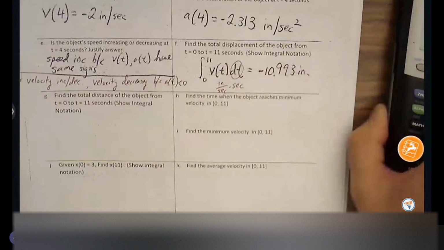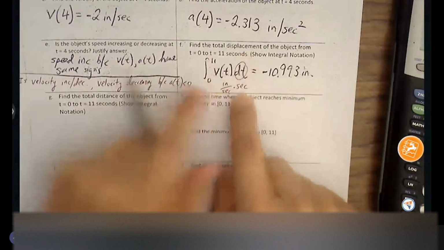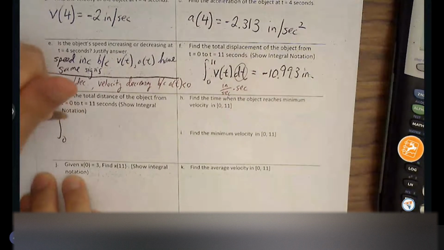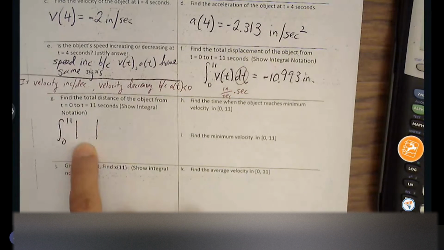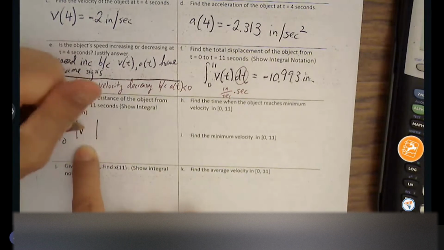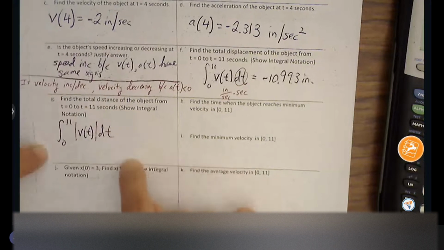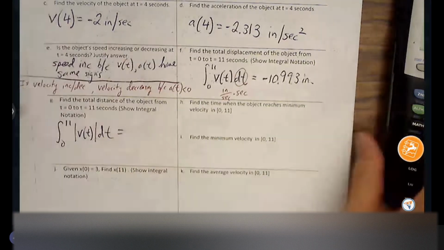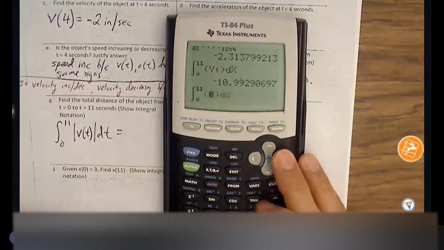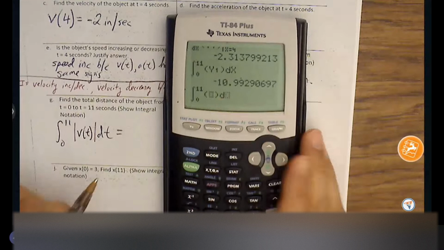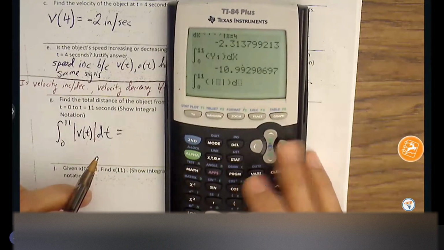All right, total distance, same as displacement. We just need absolute value bars around V of t. Make sure you put the absolute value bar in the correct location, just around V of t, and not around the entire expression. That will be wrong. Call the absolute value, which is stored under math, number, ABS.